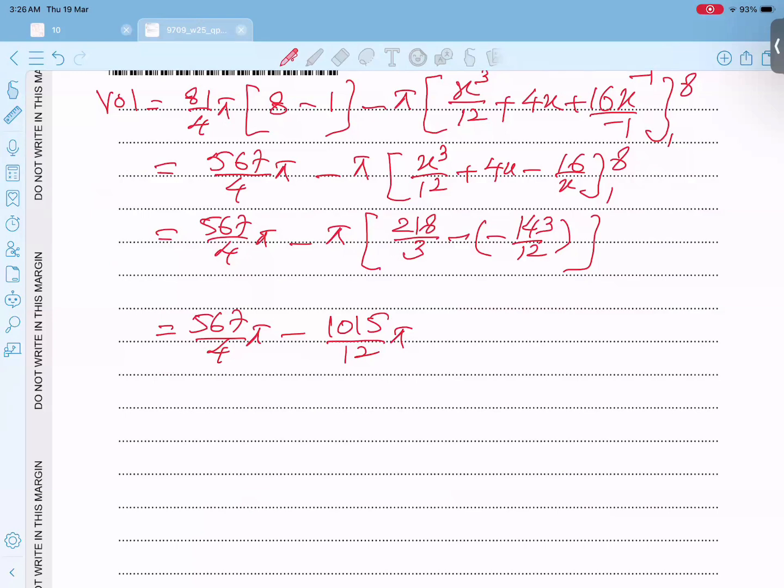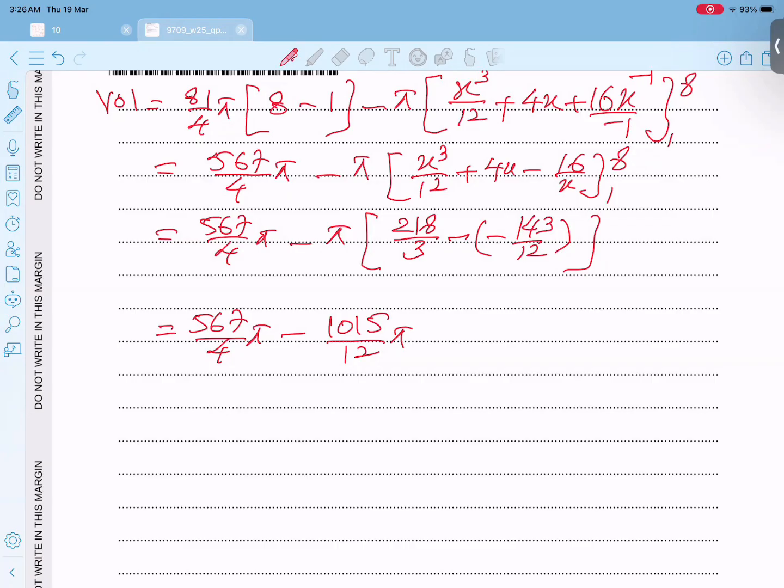567 into pi divided by 4 minus this answer. Or I can say 567 over 4 minus 1015 divided by 12. And in fraction form, I'm getting here, one minute, I'll check again.